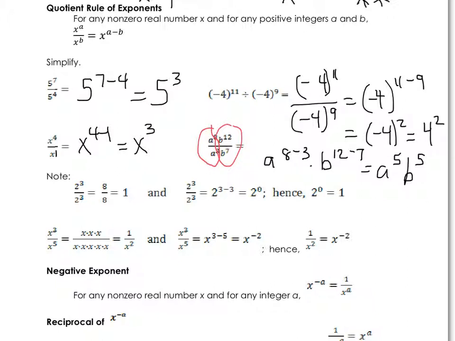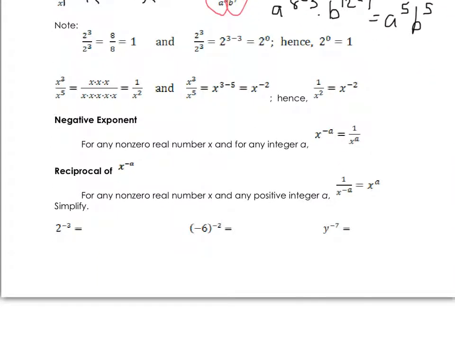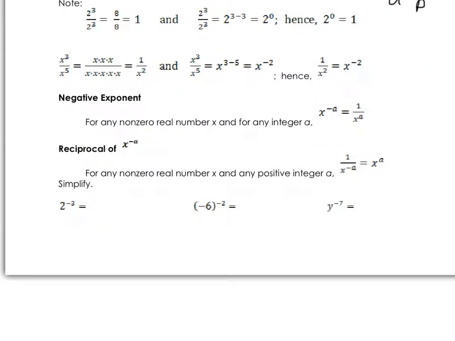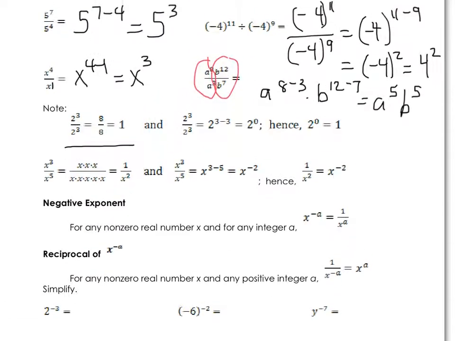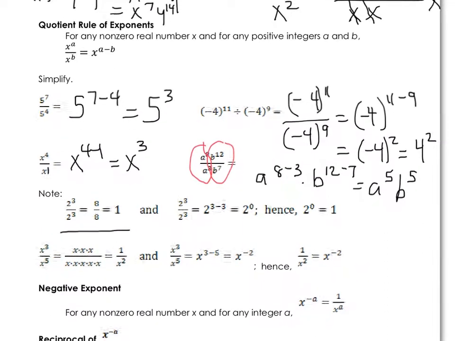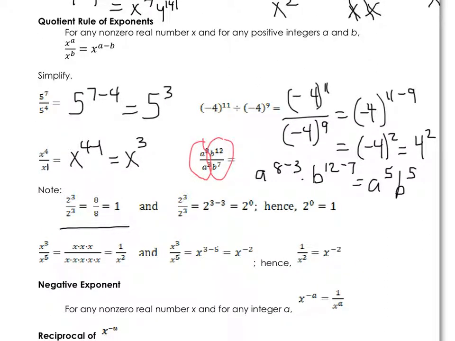So now, finally, let's use that rule that if we're dividing and the bases are the same, we can subtract the exponents. So let's look at this first example. 2 to the 3rd over 2 to the 3rd is 8 over 8. That's 1. But using our quotient rule for exponents, we're dividing and the bases are the same.